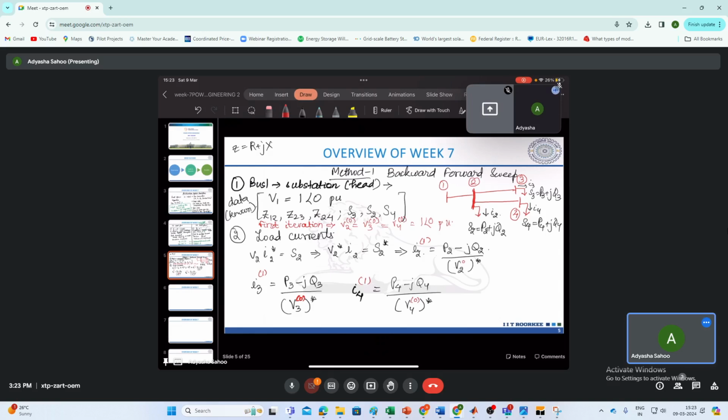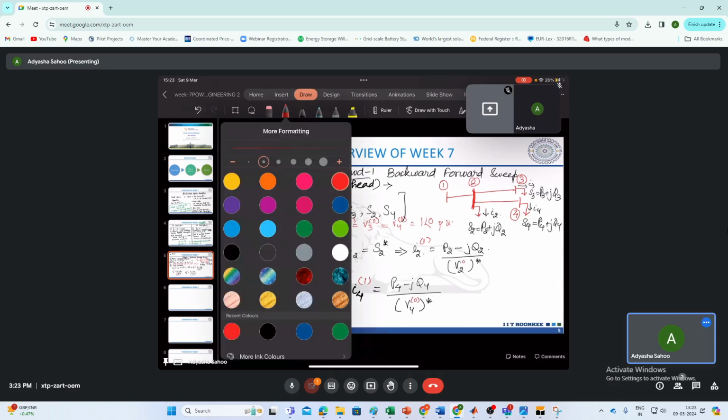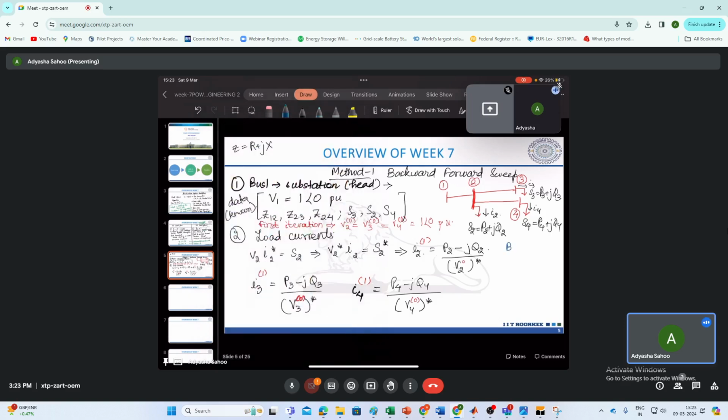So if I write here, branches are: branch 1 is connected between bus 1 and 2, branch 2 is connected between bus 2 and 3, and branch 3 is connected between bus 2 and 4. So I will represent this current as capital I12, capital I23, and capital I24.